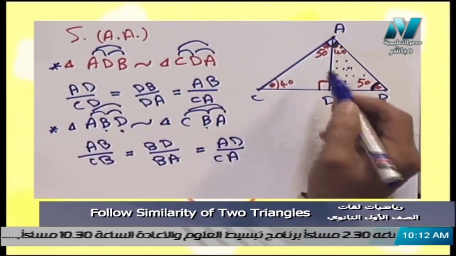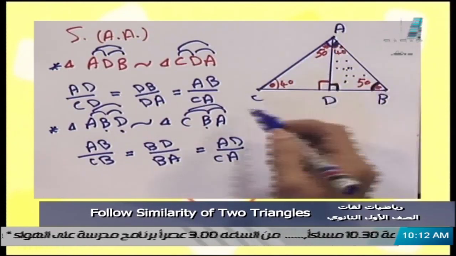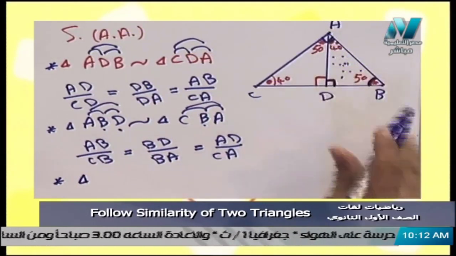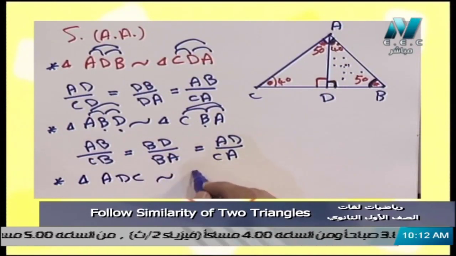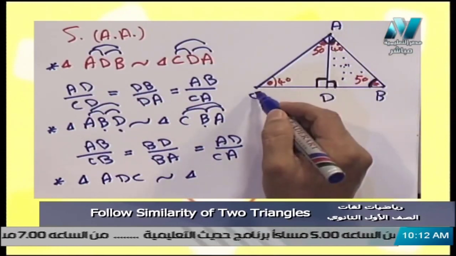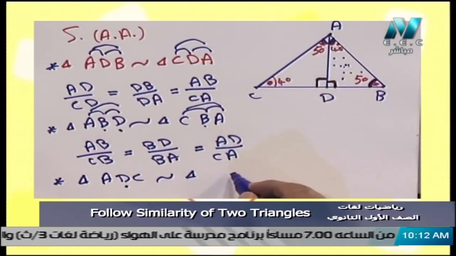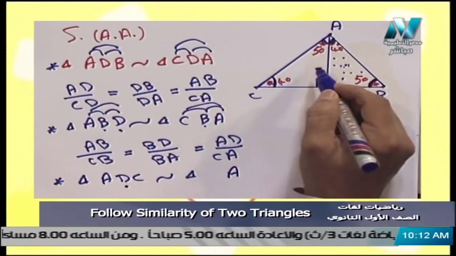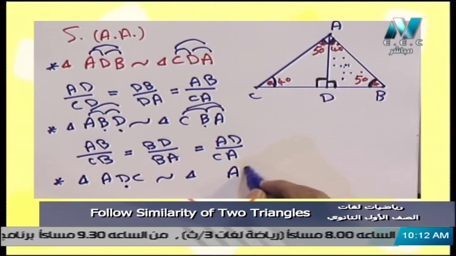Let's talk about the triangle ADC and triangle ABC. Triangle ADC is similar to triangle. We know that the measure angle ADC, which is D, is corresponding to the measure angle A, which is 90. And we know C is common angle between the small triangle and the big triangle. So it's C now.